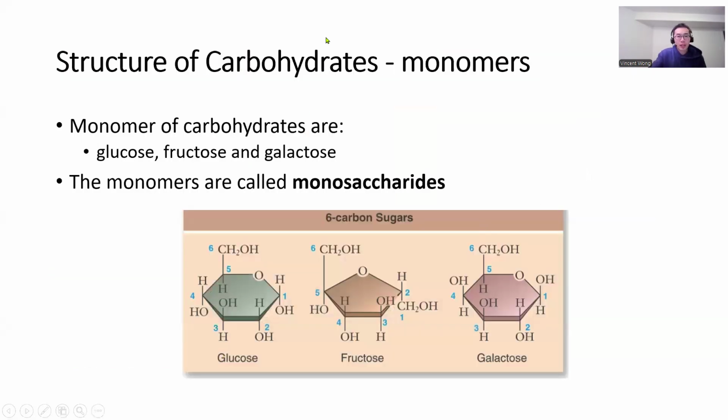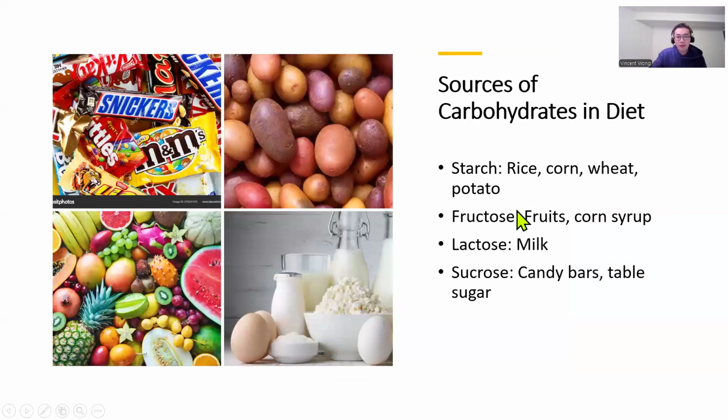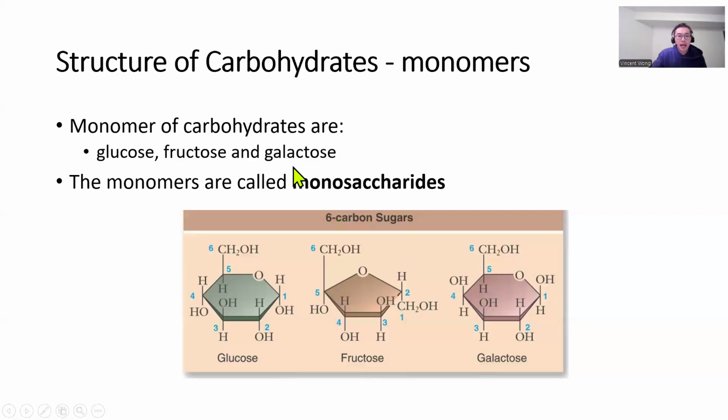Structure of carbohydrates. The building blocks that make up carbohydrates are the following: glucose, which is the stuff that we burn; fructose, which again is something that you can get from fruits naturally; and something called galactose. Galactose is not the same as lactose. So these are the individual building blocks, and they look like this.